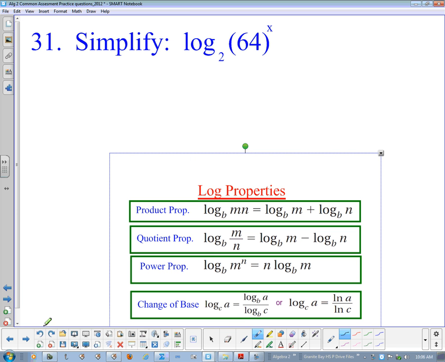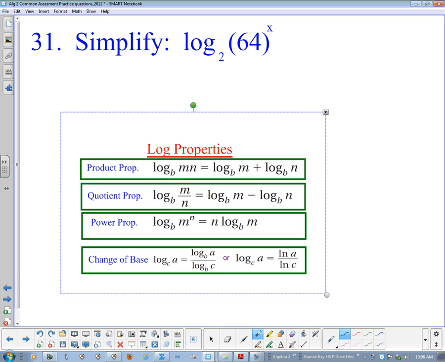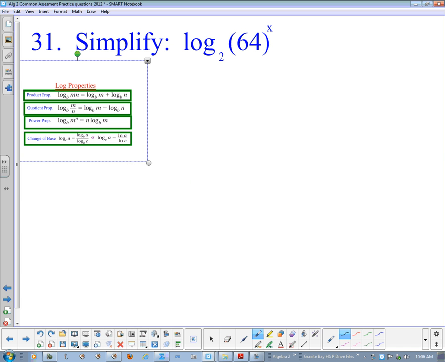Okay, number 31. Simplify this. Again, what we can do here is maybe break down the 64. I'm going to let this equal something for a moment, I'm just going to let it equal y.